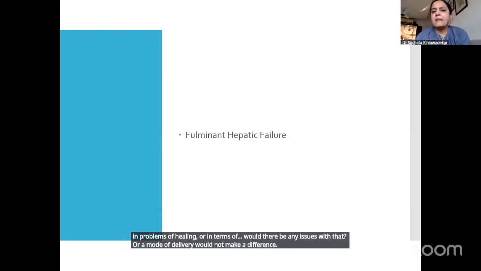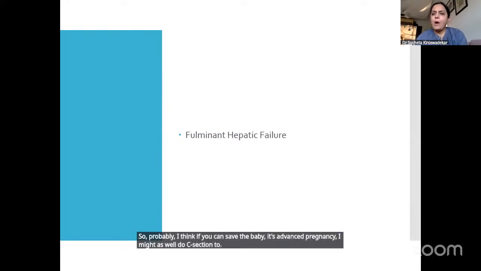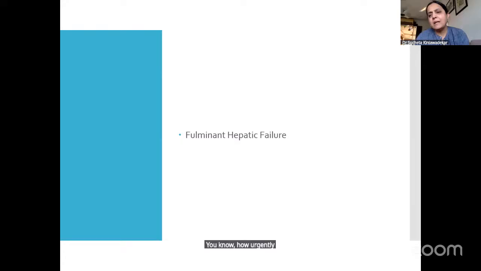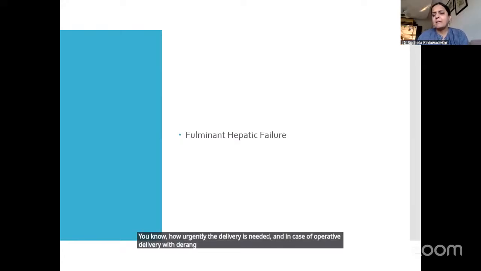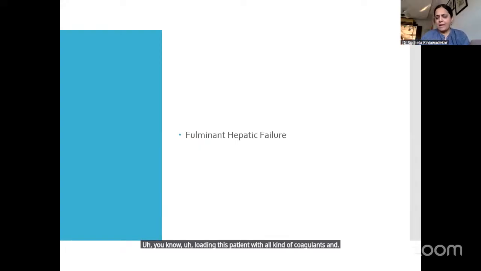So I think if you can save the baby, in an advanced pregnancy, I might as well do a C-section, depending on how urgently the delivery is needed. And in case of operative delivery with deranged PT, INR, we need to load this patient with all kinds of coagulants, in accordance with what our hepatologists and hematologists are telling us.